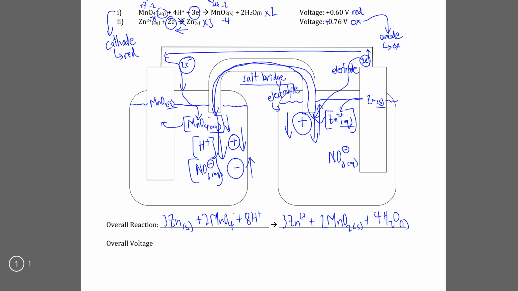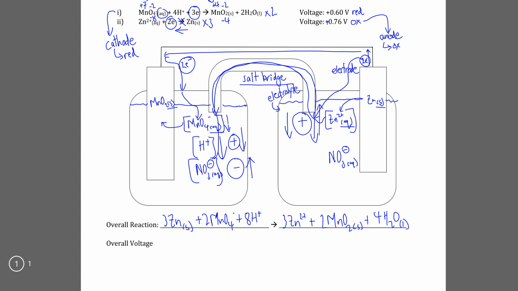We see 3 times positive 2 is positive 6, positive 8 minus 2 is positive 6, so the charge is balanced without the need to write in electrons, and you'll find the same for all of the atoms within the reactants and products of our combined reaction.